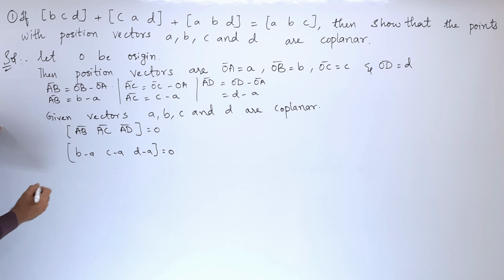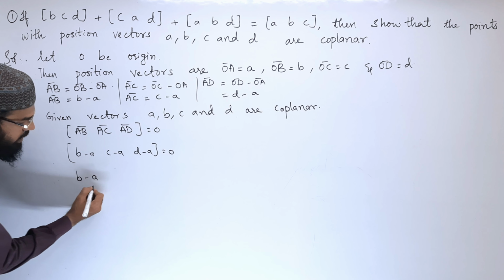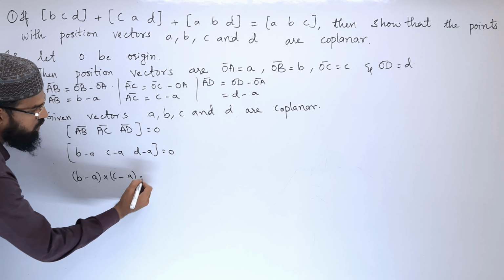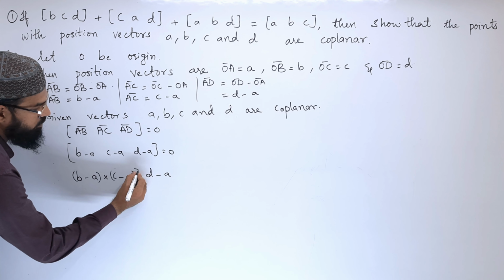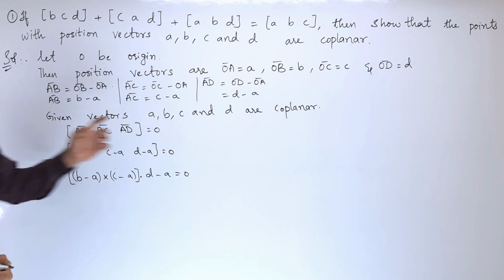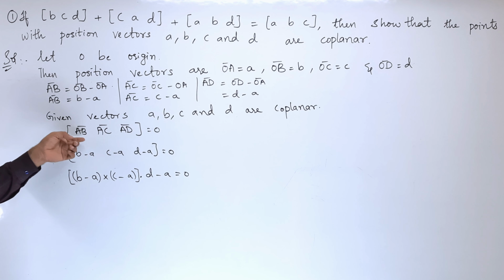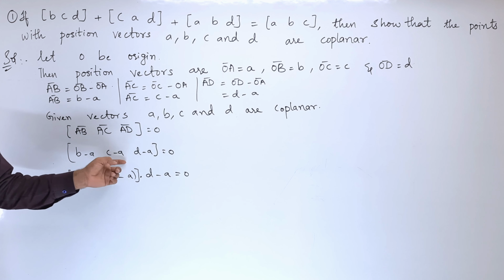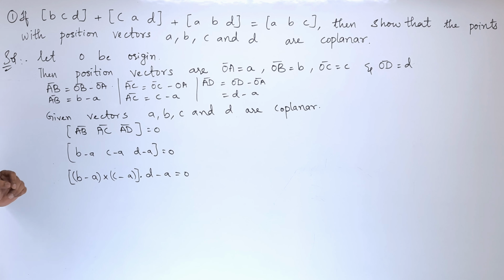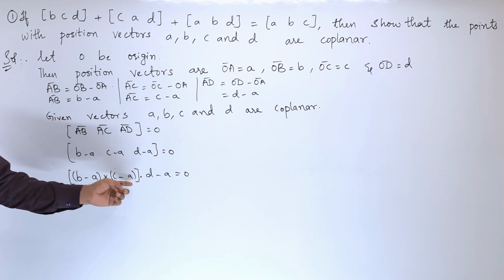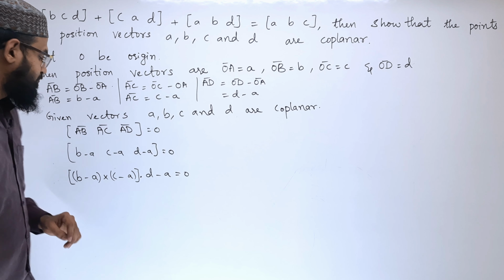Now this can be written as (B minus A) cross (C minus A) dot (D minus A). Since they are coplanar, the box product is 0, where AB is B minus A, AC is C minus A, AD is D minus A. Here we can write (B minus A) dot (C minus A) cross (D minus A), or otherwise (B minus A) cross (C minus A) dot (D minus A).